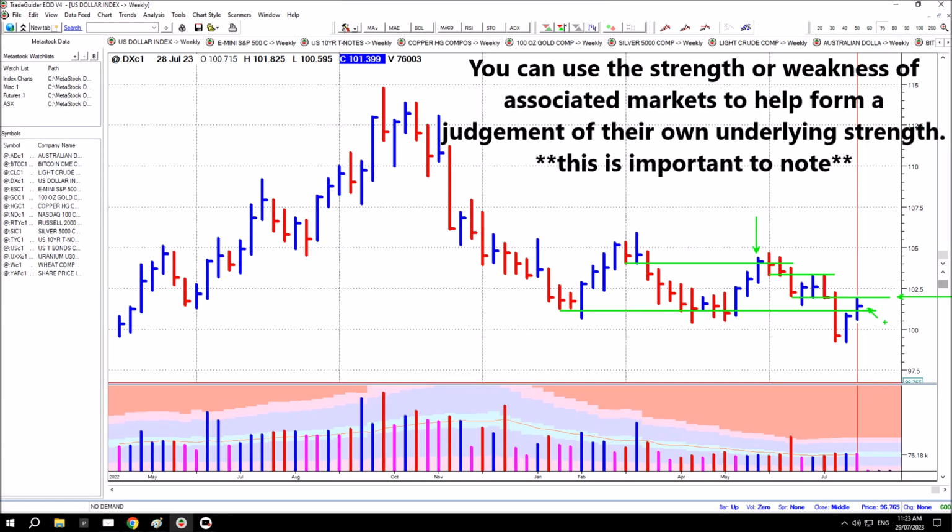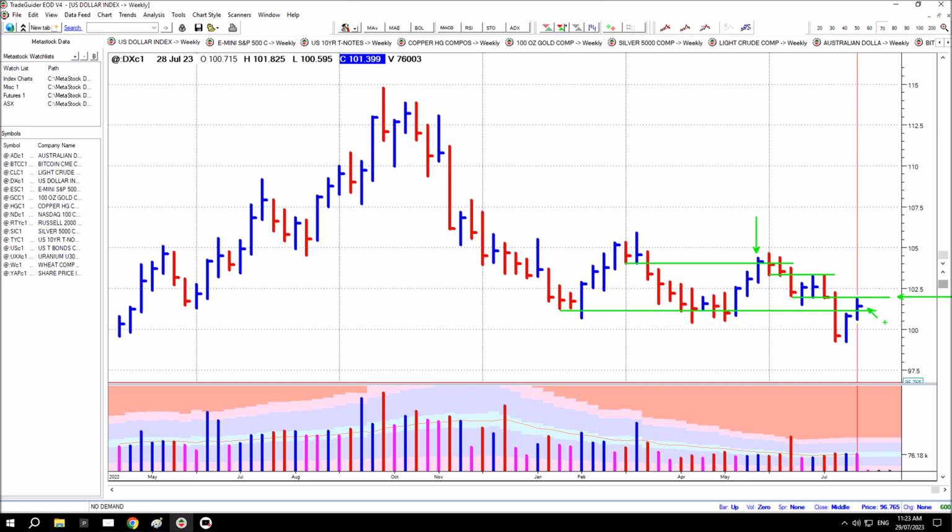And you can also use that as a judgment to determine how strong or weak associated markets are when they're facing pressure from a rising US dollar like this. If they're also rising, then they're absorbing the strength in the US dollar and pushing higher themselves, and that serves to be a sign of strength in itself for those associated markets.